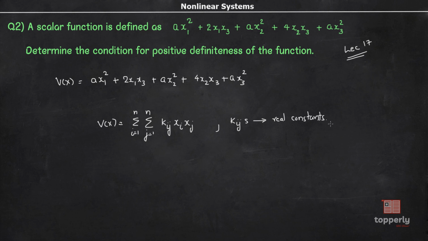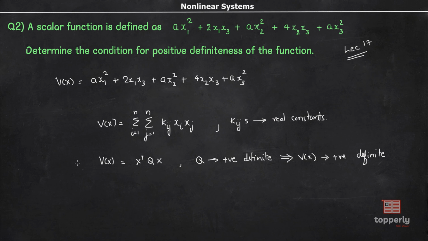So what we have to do now is write the function V of x in the form x transpose Q x, where Q should be positive definite for V of x to be positive definite. That is, if Q is positive definite, then V of x will be positive definite. So our aim is to make Q positive definite.